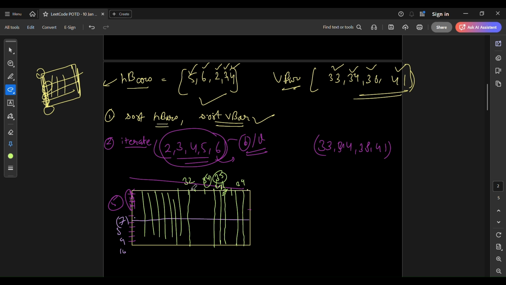Okay, now if you get the intuition properly, we can see that whenever the numbers of the horizontal or the vertical lines are continuous, then we can say the big hole will be made by continuous removal of these lines.